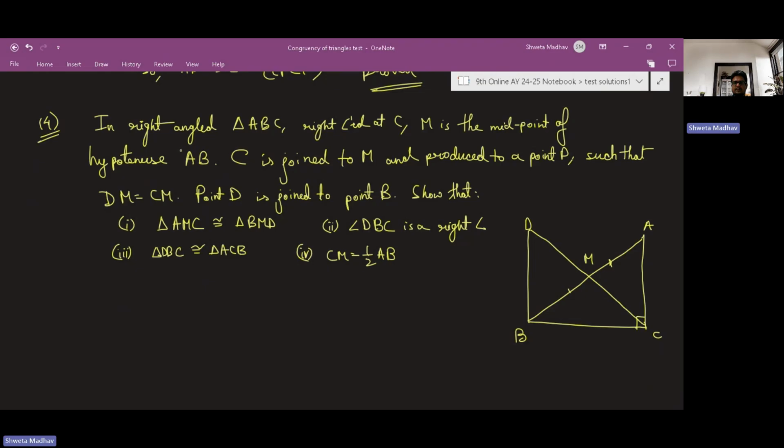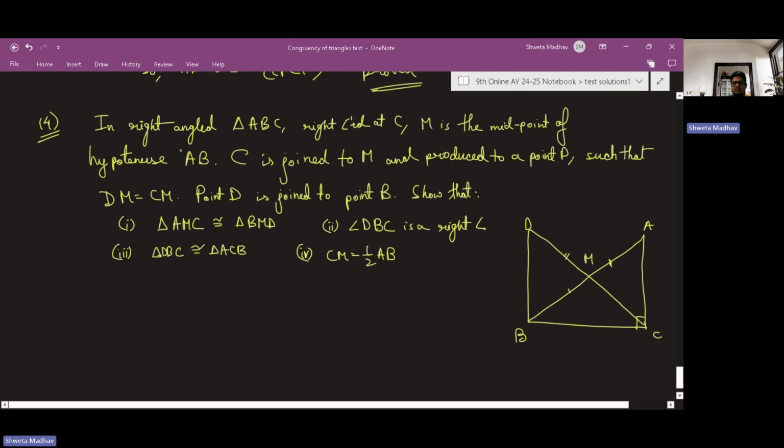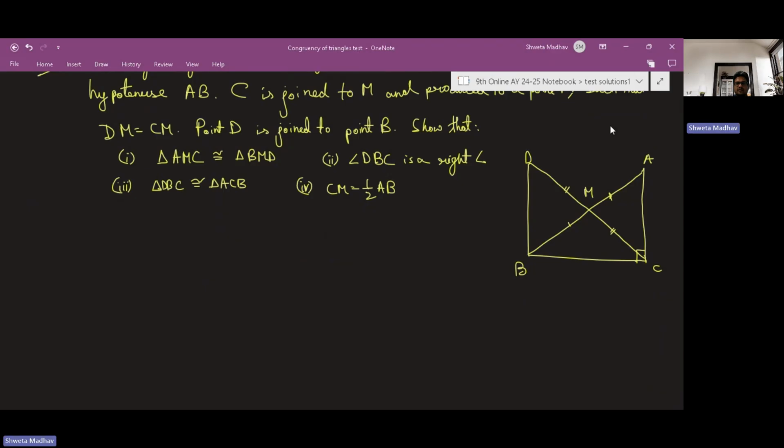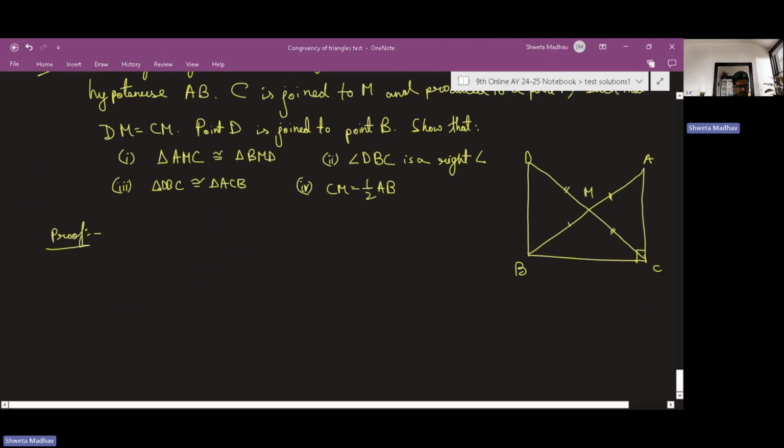C is the right angle. M is the midpoint. C is joined to M and produced to the point D such that DM is equal to CM. Point D is joined to B. Now here the proof is like this.